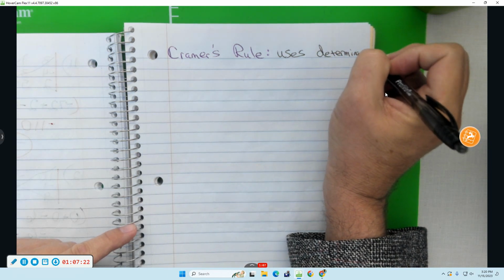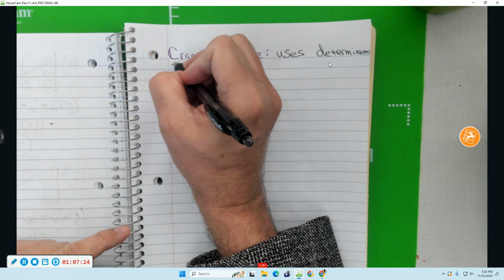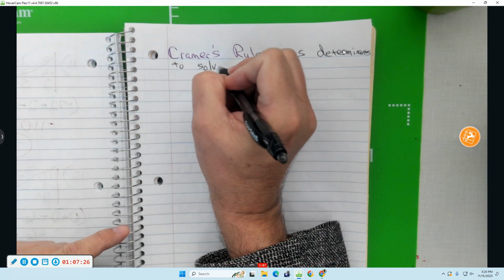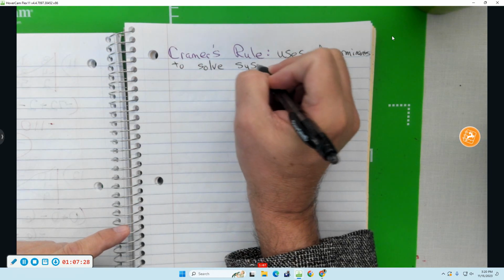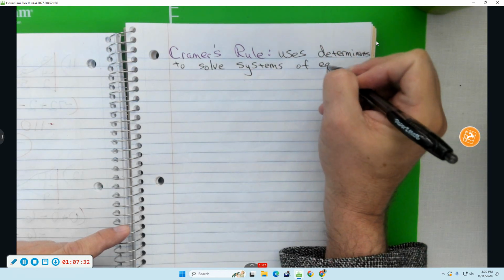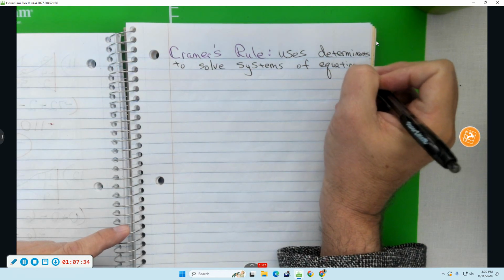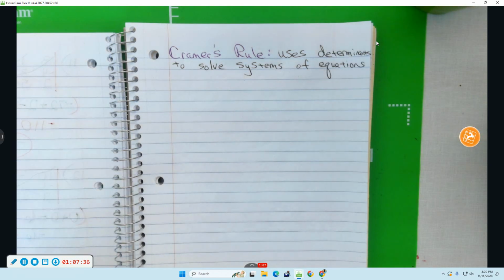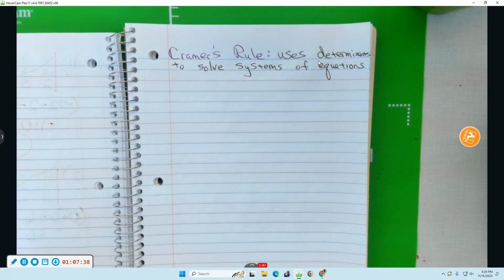By the way, in any English language math book, DET is universal for determinants. That's a universal abbreviation in English. So if you go pick up a Russian textbook, they're not going to be using DET for determinants.